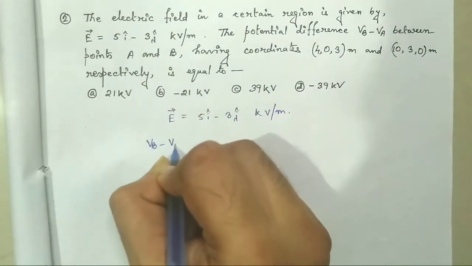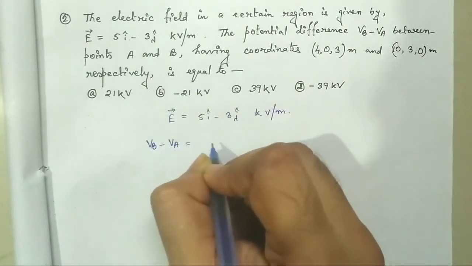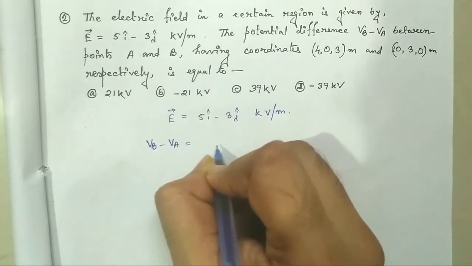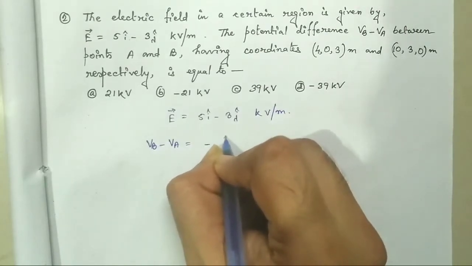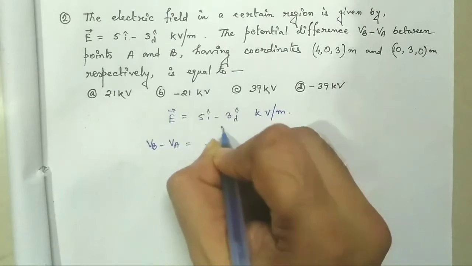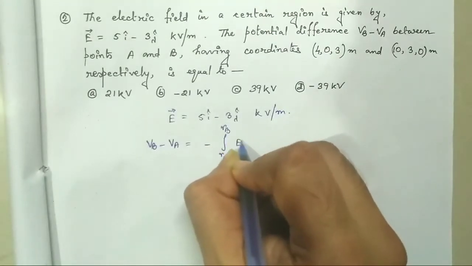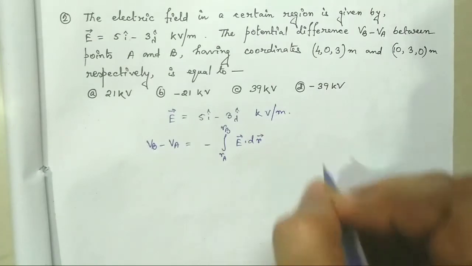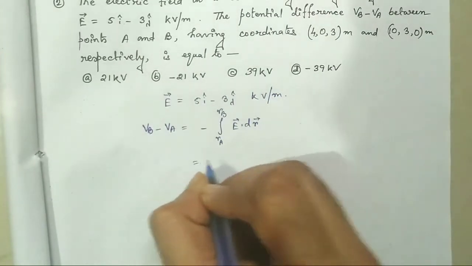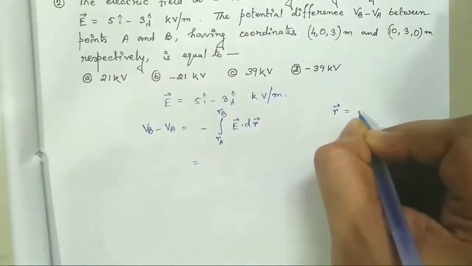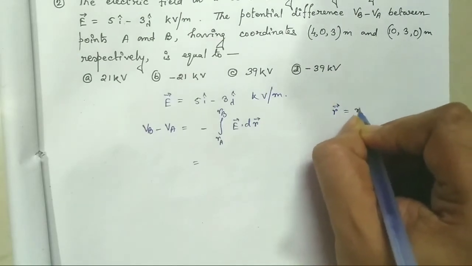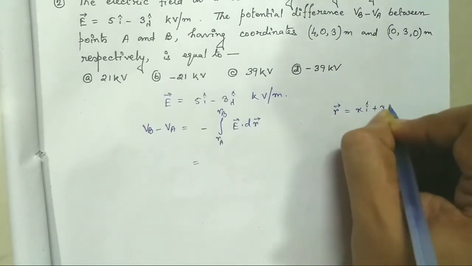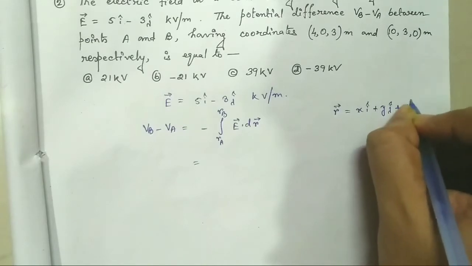The potential difference between the 2 points A and B is given by minus integration of E dot dr over rA to rB. Now we know the position coordinate r is given by xi plus yj plus zk.